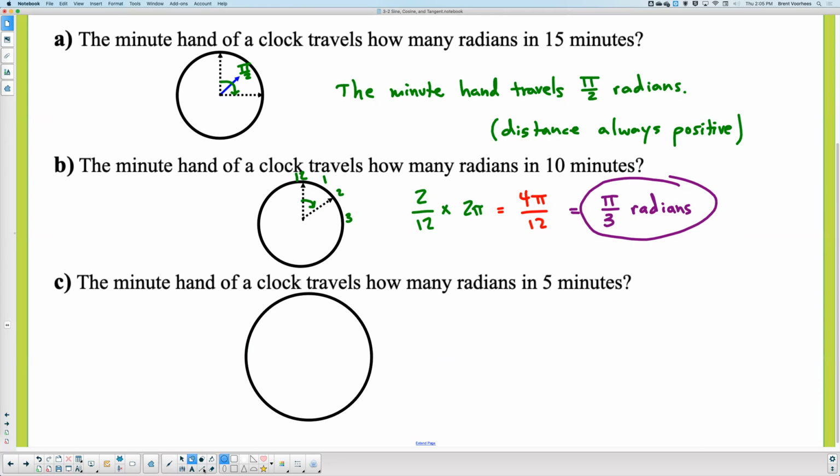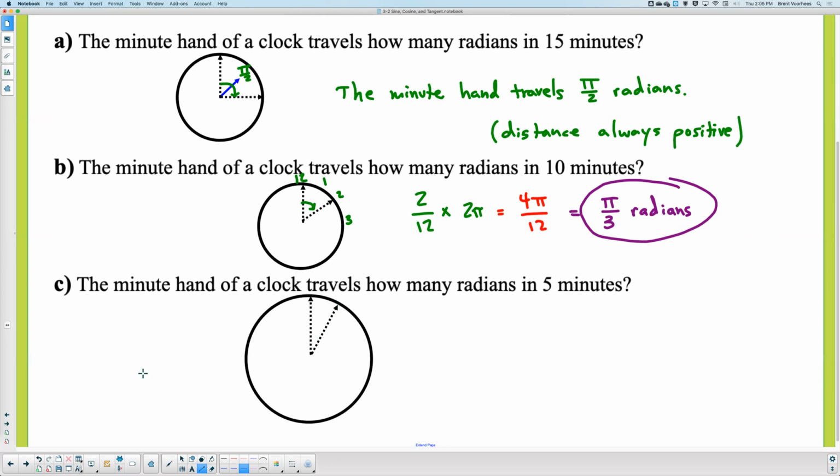So we're looking at the distance traveled from, if we started at the 12, and now you're pointing at the 1. From the 12 to the 1, what is that distance traveled? That's the question for us to solve here. How could we do that? Do another proportion?